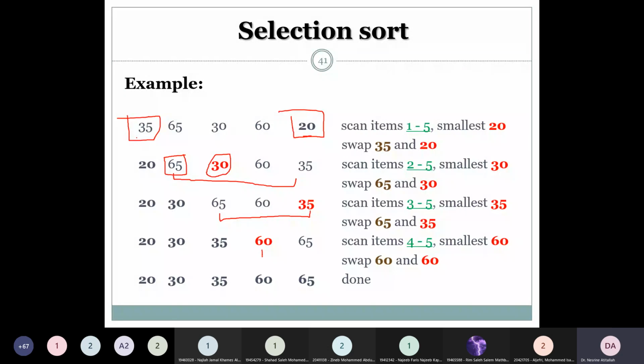After that, we will scan the items from 4 to 5, okay?